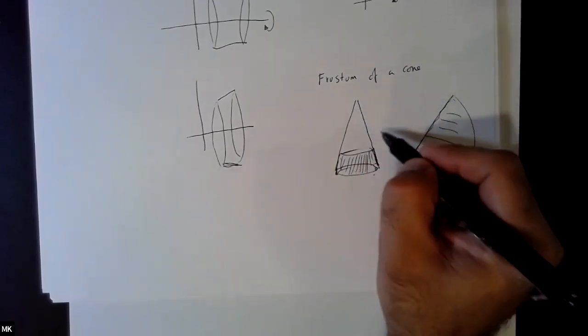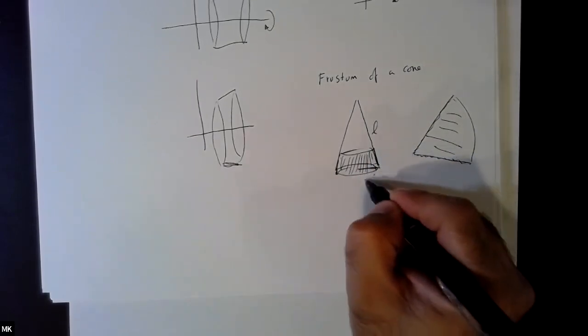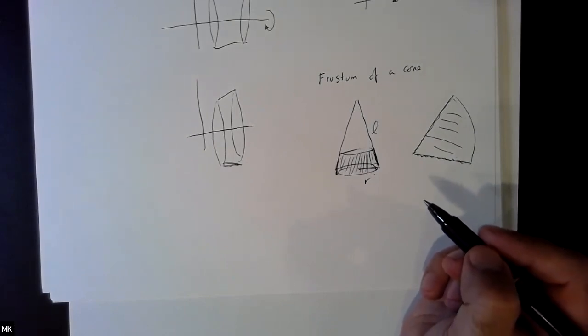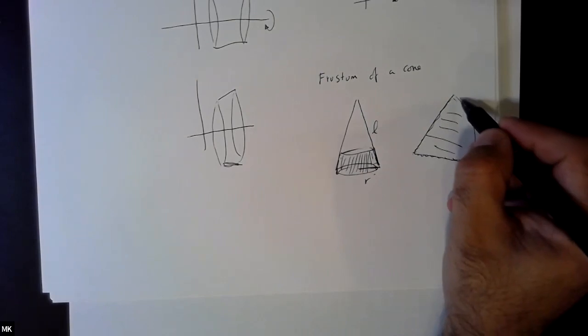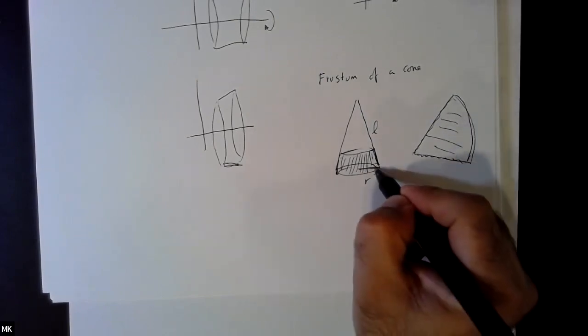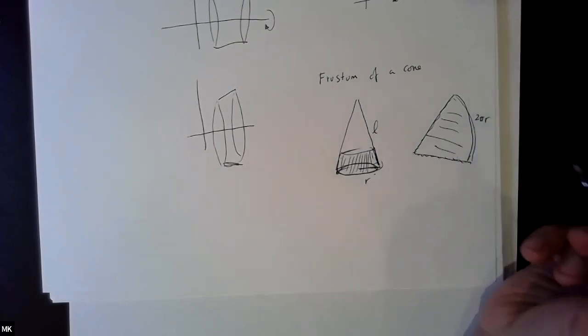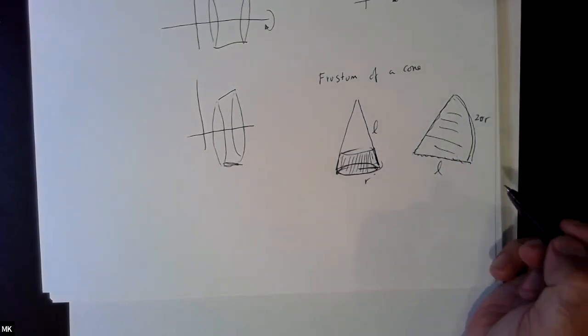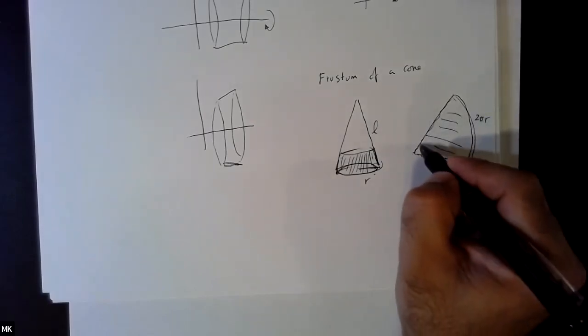Now, if the diagonal length of the cone is L and the radius of the base is R, obviously this portion matches the circumference of the circle, so this is 2 pi R. This is L. So this is angle theta.